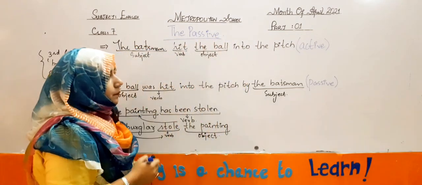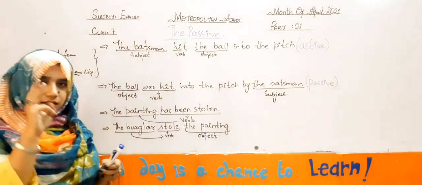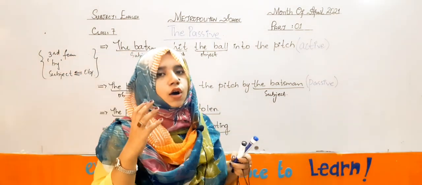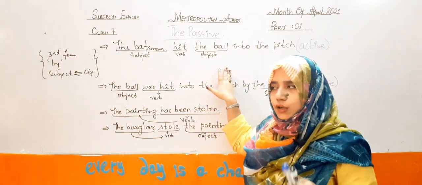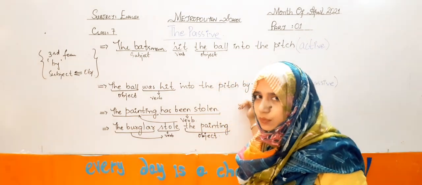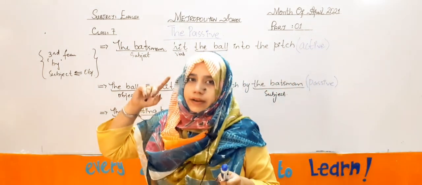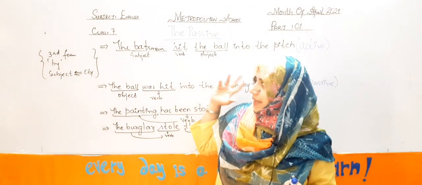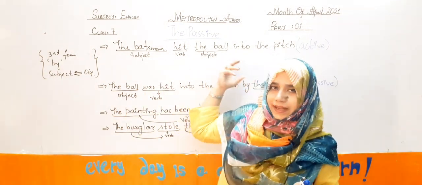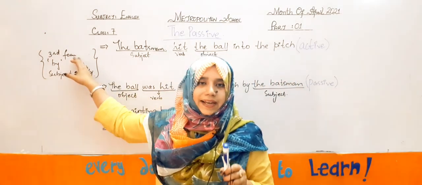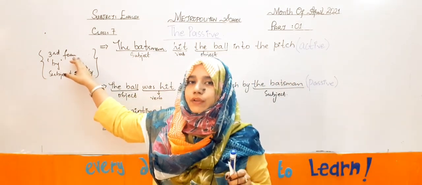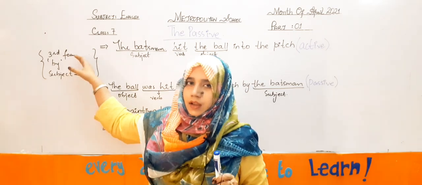To make it more simple, keep three basic rules in your mind while changing active sentences into passive voice. First, you will have to recognize the tense, the subject, the verb and the object. The second thing, when you change active into passive voice, you will have to use the third form of the verb, right?